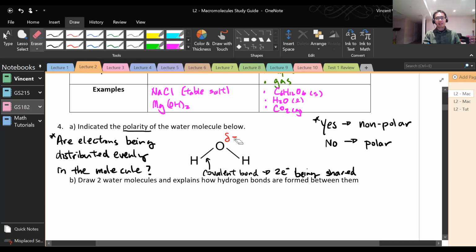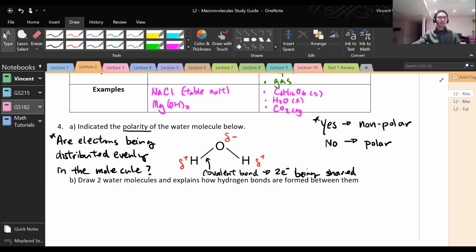So slightly negative for the oxygen and slightly positive for the hydrogen. Okay, so water molecule is polar because of uneven sharing of electrons, causing one side to be more negative and the other side to be more positive.